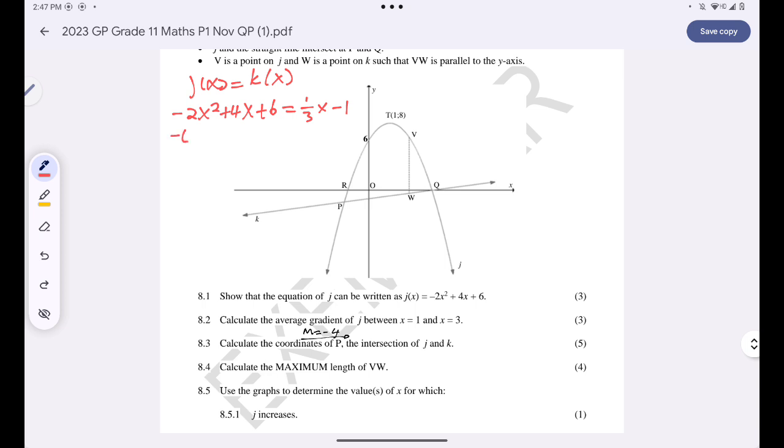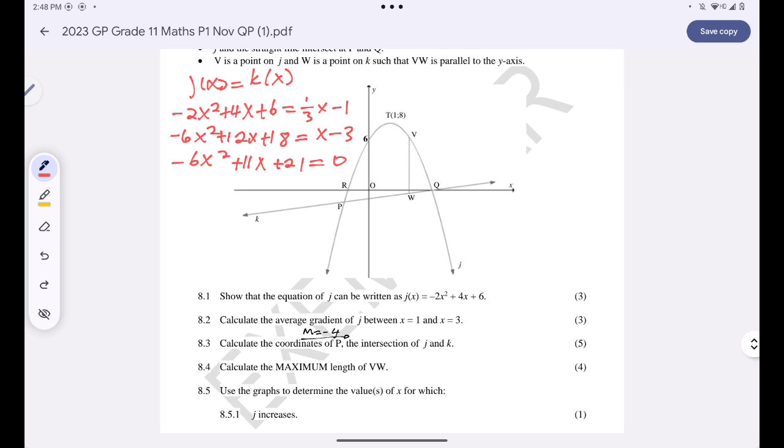I'll simply have negative 6x squared plus 12x plus 18 is equal to x minus 3. So this is negative 6x squared plus 11x plus 21 is equal to 0.